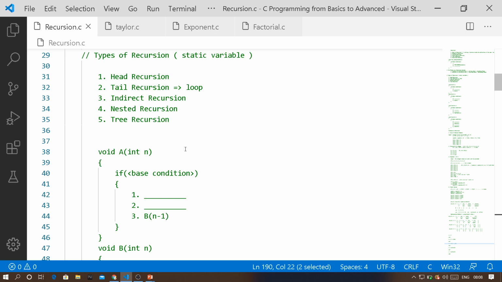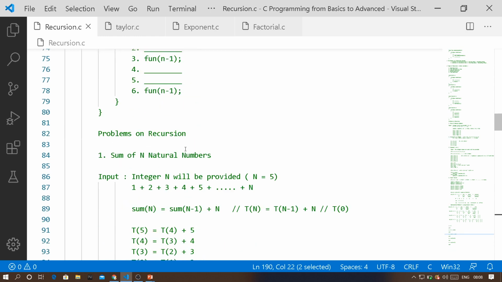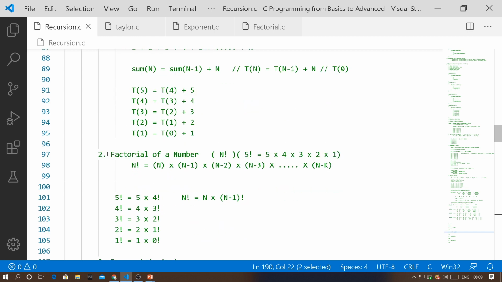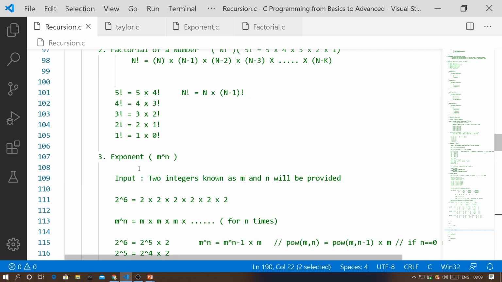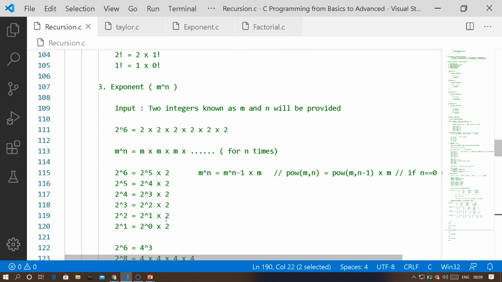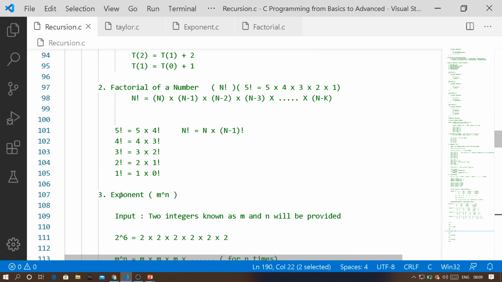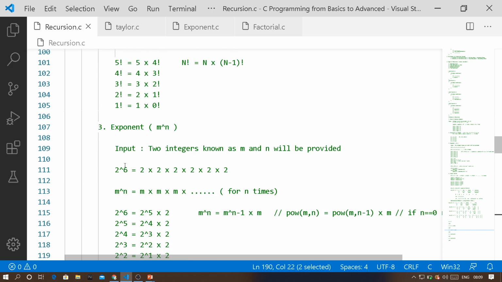We have seen 5 examples for these 5 types of recursion, and we have a clear understanding of what each and every type of recursion is all about. Then coming to the problem section, we started with sum of n natural numbers. Then we also saw factorial of a number. Then we got into exponent, which means the power function.